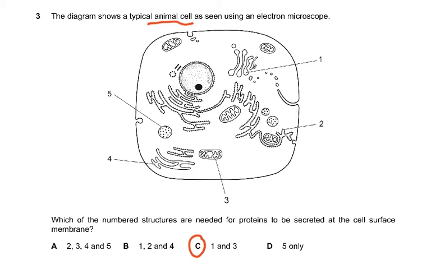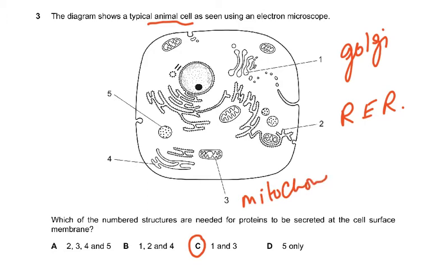Now what is 1? 1 is the Golgi. 2 is the RER. 3 is the mitochondrion. 4 is the SER. And 5 is some sort of a lysosome, looks like some sort of a vesicle.